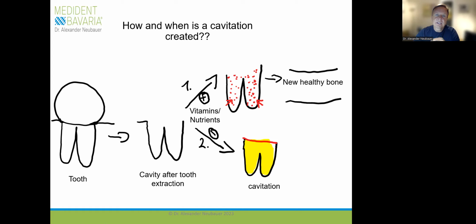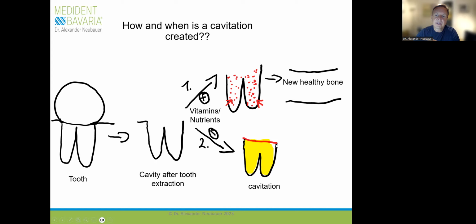But in the cases of cavitations, there is a big difference. So let's start here again. You see here, there is again the hole after the tooth extraction. And in our way two, the body does not create new healthy bone here.